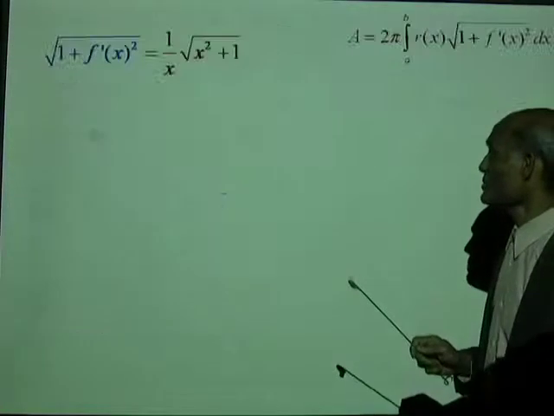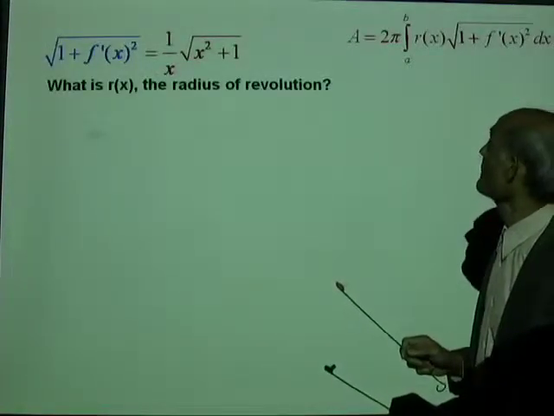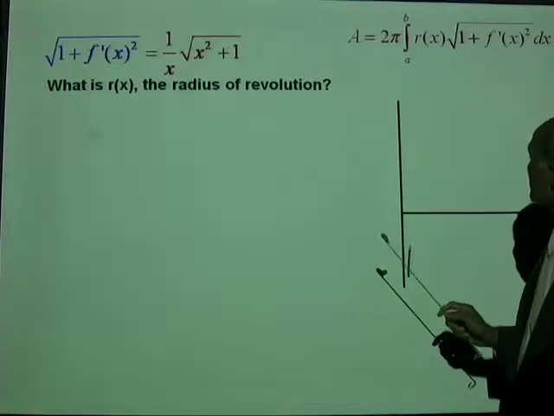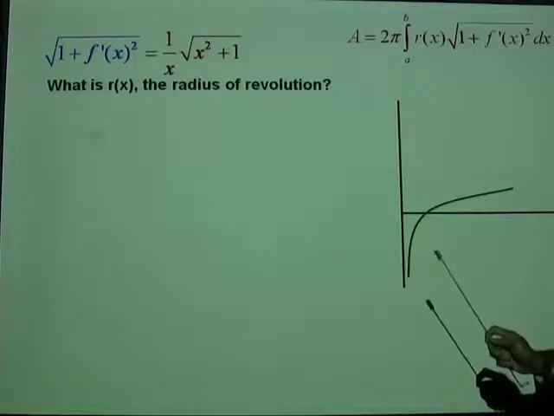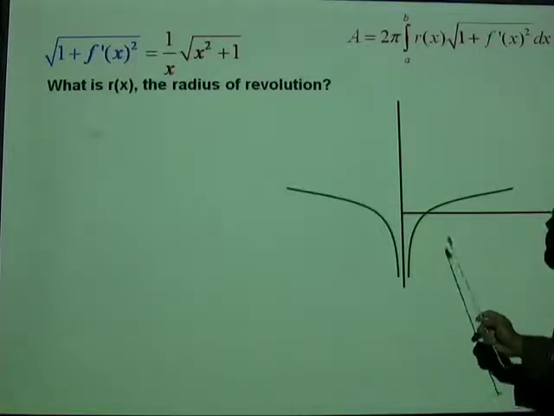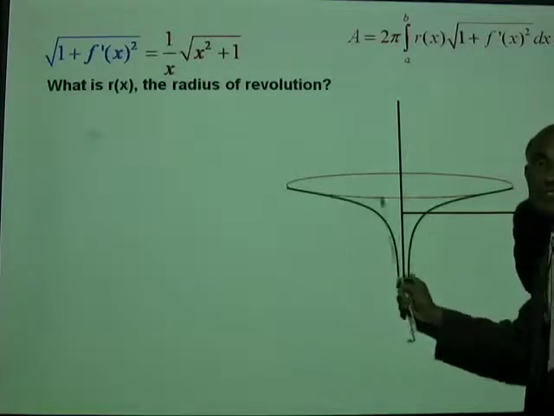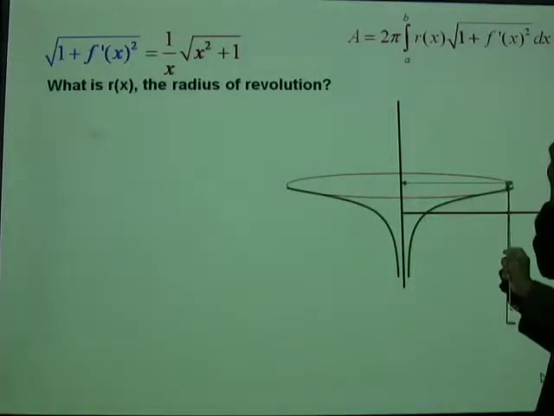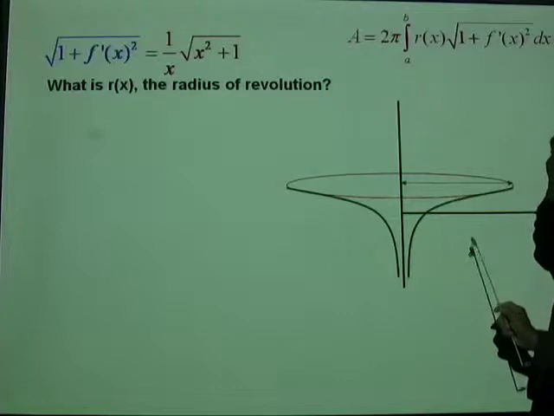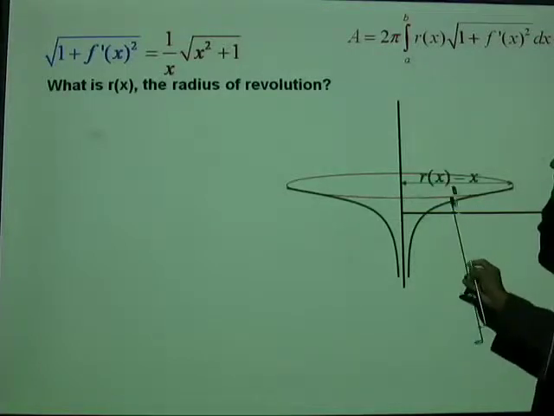And what is r of x? Now this is the graph of y equal to ln x. And you're going to revolve it about the y-axis. Now look at the surfaces that are generated. This is the radius. Now what is that radius?